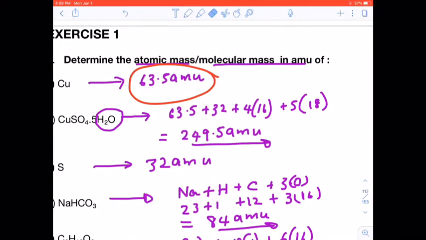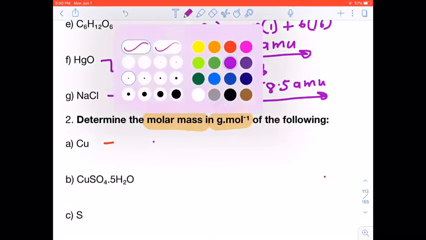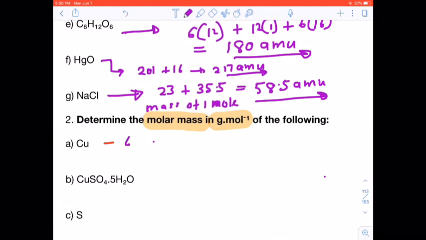So what's the mass of 1 atom of copper? It is 63.5 AMU. What is the mass of 1 mole of copper? It is 63.5 grams. So we got the formula, the atomic mass of that molecule.